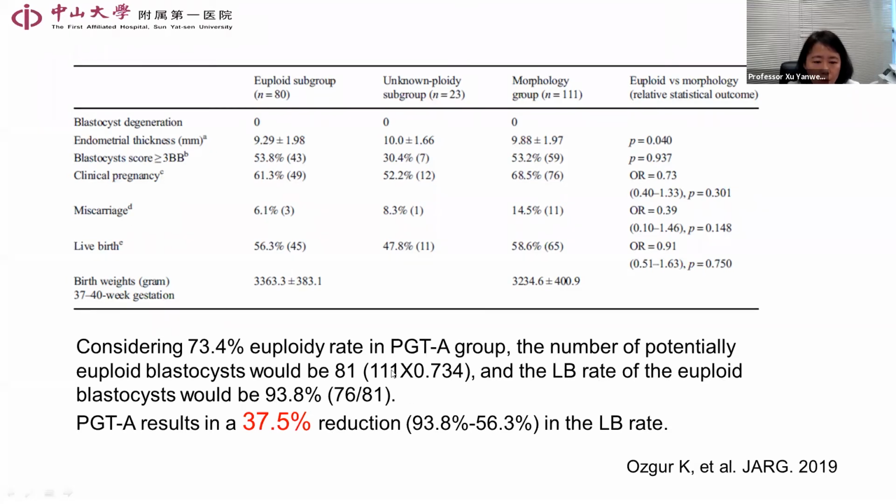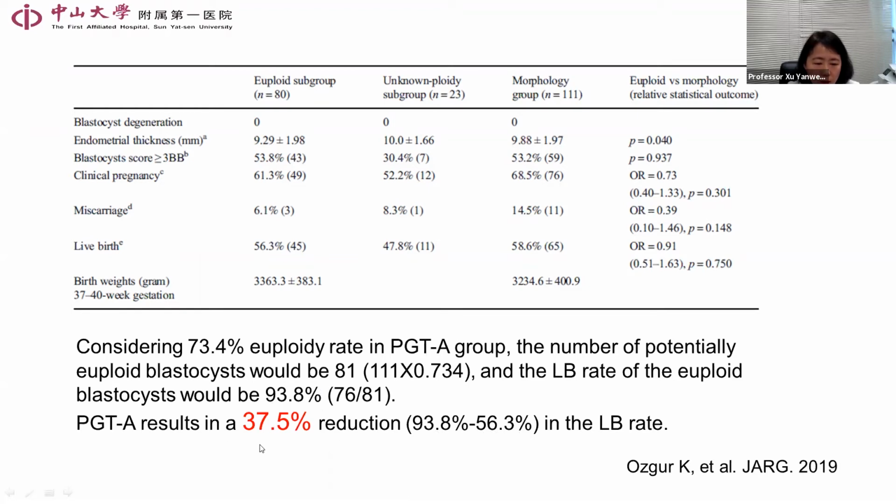Therefore, PGT-A results in a 37.5% reduction in the live birth rates, because theoretically it should be 93.8%, and reality is 56.3%. 93.8 minus 56.3%.